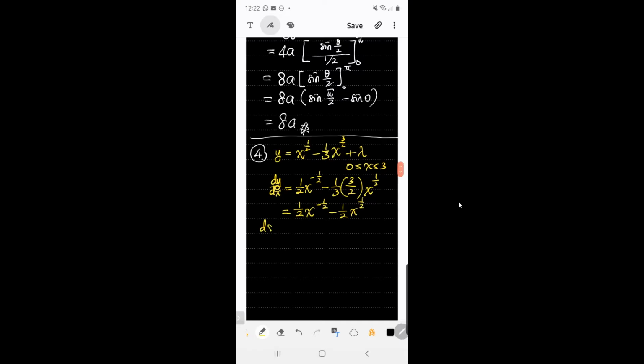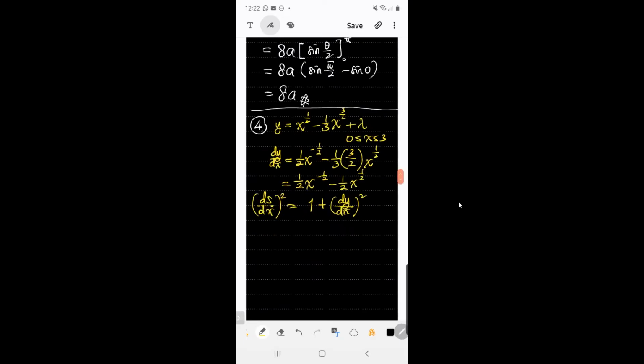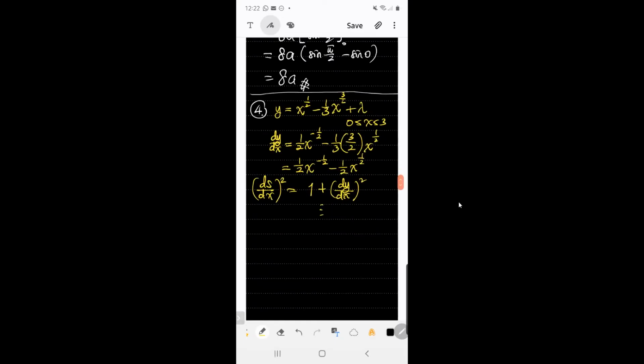To derive ds/dx, you have to use the square root of 1 plus (dy/dx) squared. When you do this, I think you can guess the final answer: half x to the power of negative half plus half x to the power of half, squared. This is what you will get.